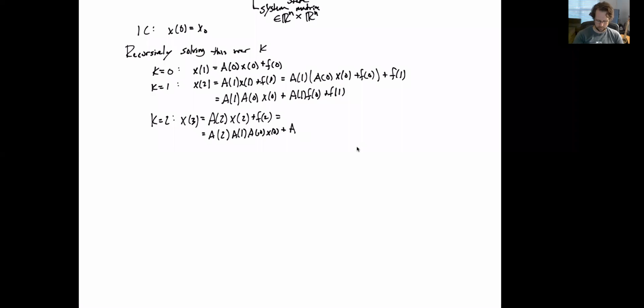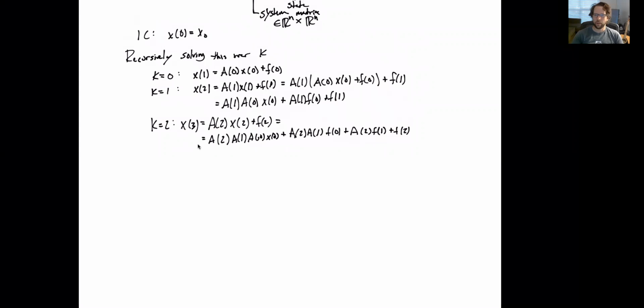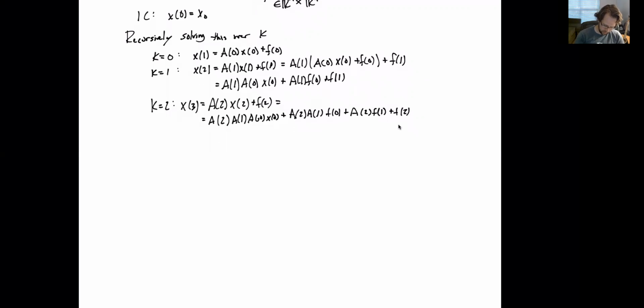Basically, at every time index, we're multiplying by the system matrix at that time by all previous system matrices, and then we're also applying those system matrices, each one to all previous forcing functions, up until the most recent time. Okay, so this continues. So I'll just put some ellipses here.